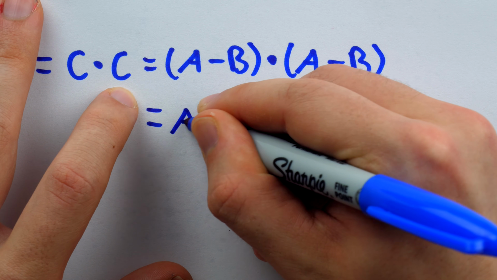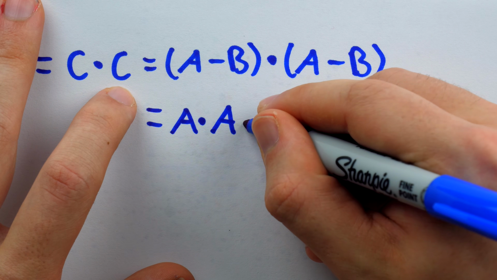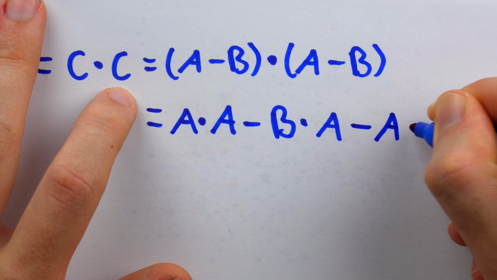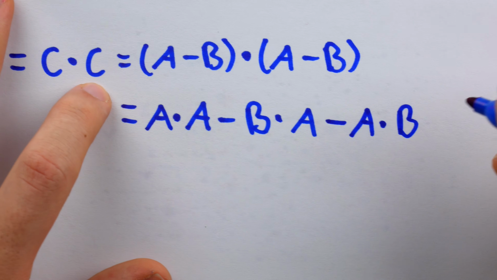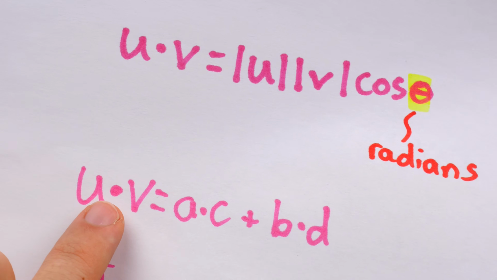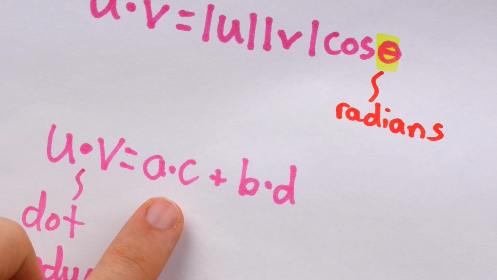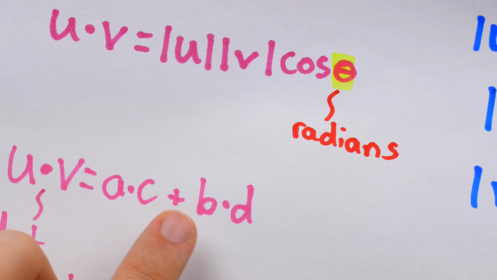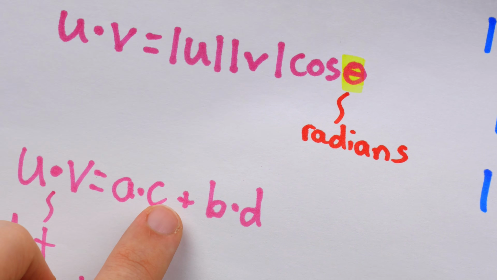So writing that out, we have a dot a minus b dot a, and minus a dot b, and plus b dot b. Now again, right now we're assuming the dot product is defined with this component definition, which is clearly commutative, because it just comes down to multiplication of real numbers and addition.